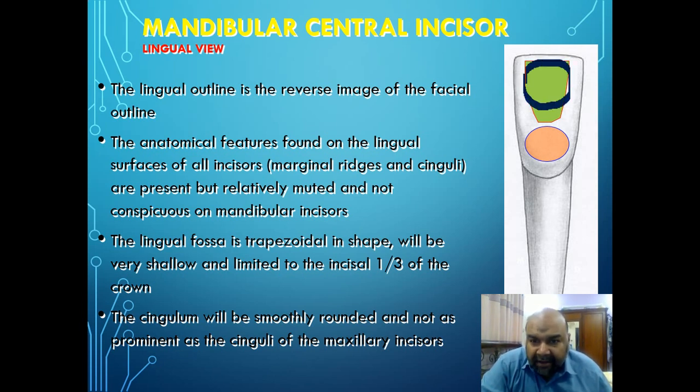This lingual fossa is trapezoidal in shape, and it has a small cingulum. It has probably the smallest cingulum in the oral cavity. So not only does it have the smallest or narrowest size in terms of shape and size, but also the cingulum is quite small.